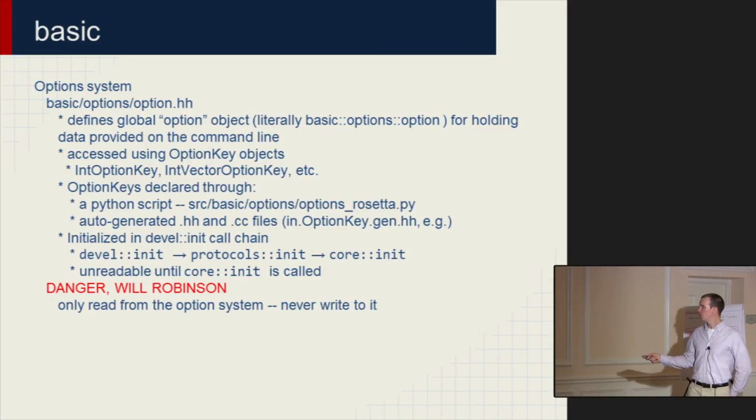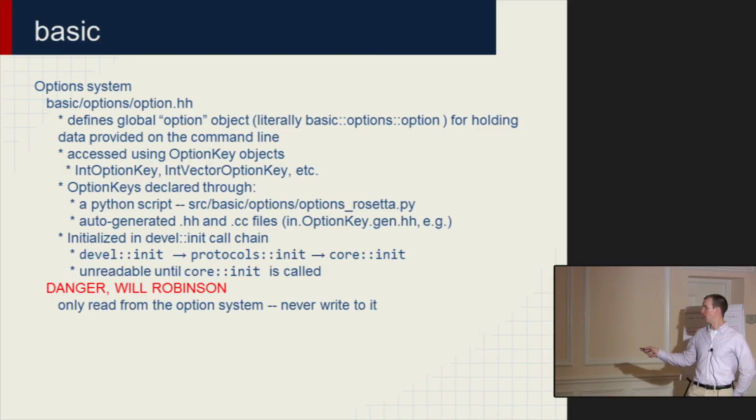Option keys get declared using this options Rosetta.py script. So you can add options to this script, and then when you run, there are a couple ways to run it. One is to compile, so that now it runs this option.py script by default every time it runs scons. And what that script does is auto-generate these .hh and .cc files, like in.optionkey.gen.hh.